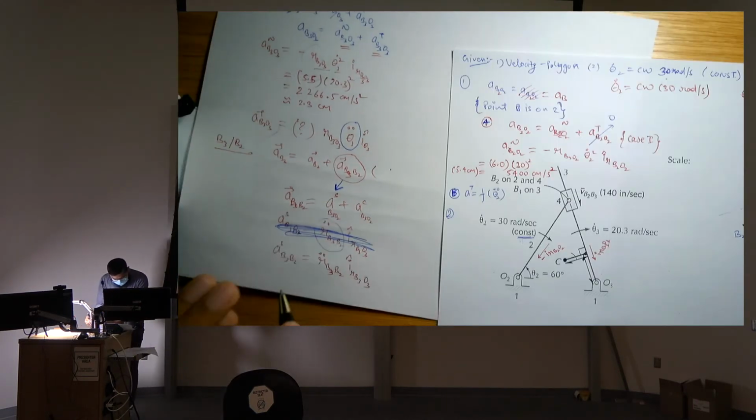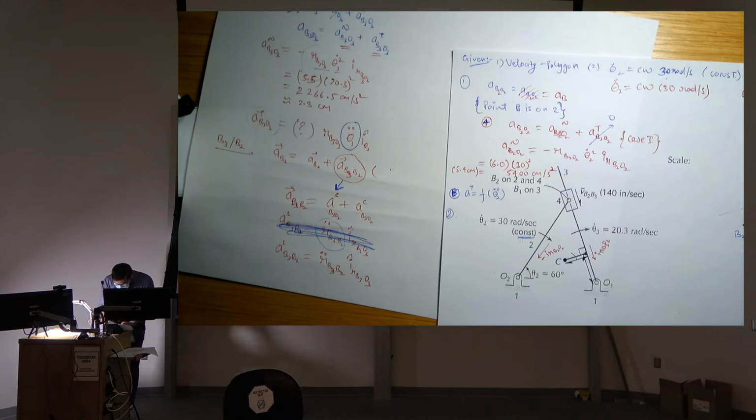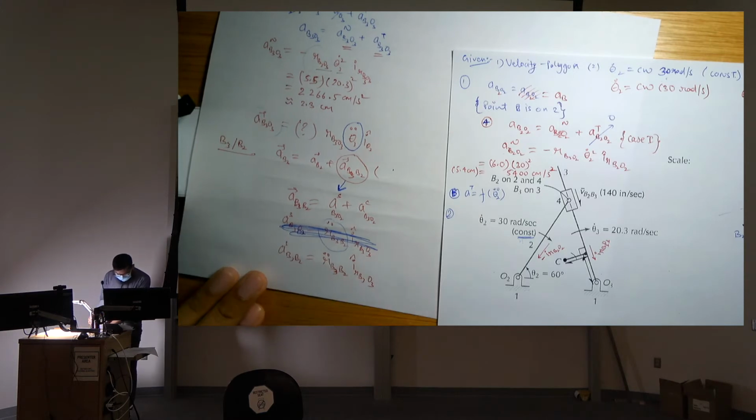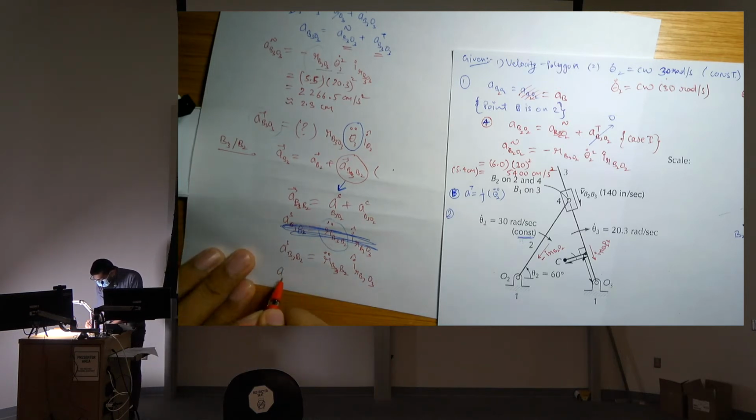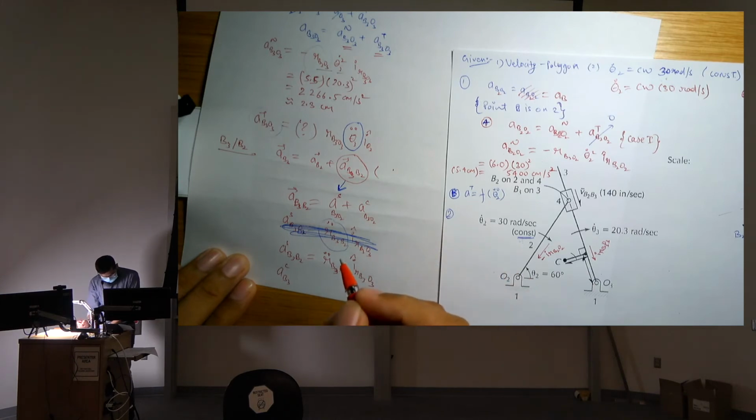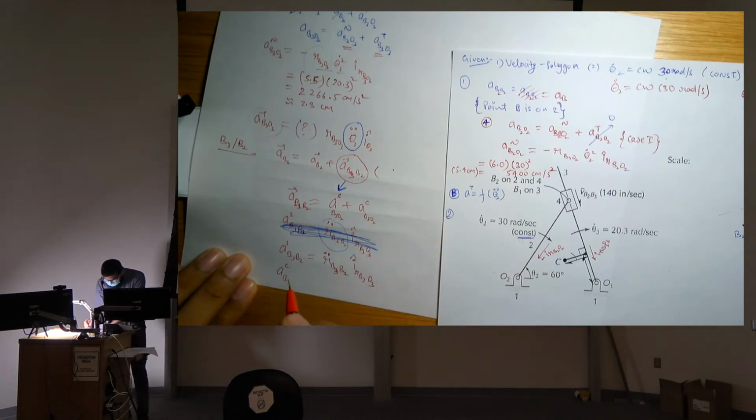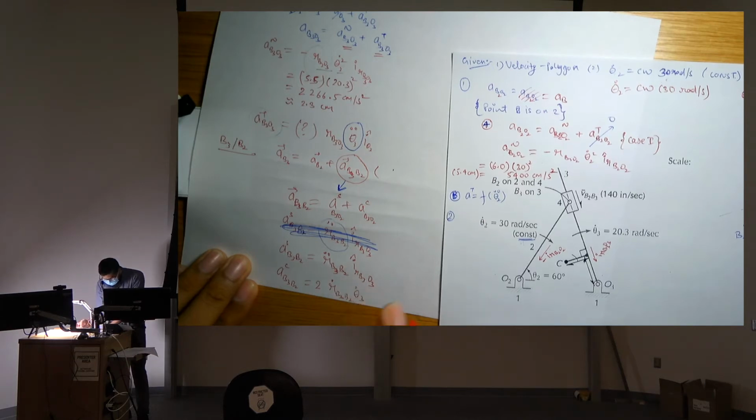Okay, now I think we don't have R double dot. So what do we have in there? And what would be the next, the Coriolis component? So acceleration, Coriolis, B3 and B2 would be 2 times R dot B3B2 theta dot 3.